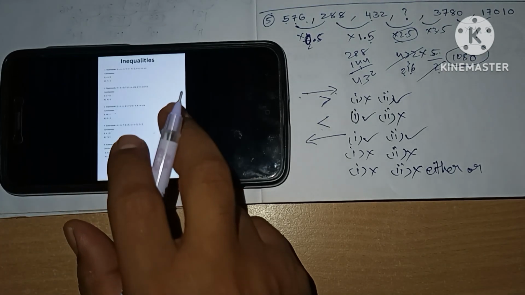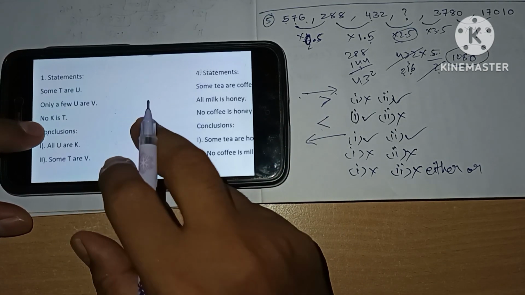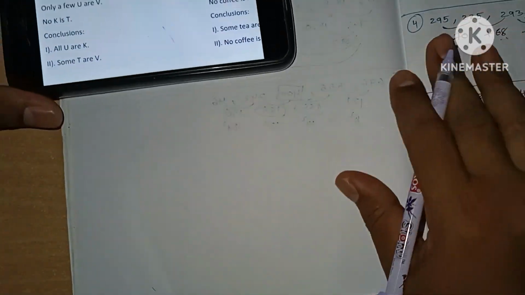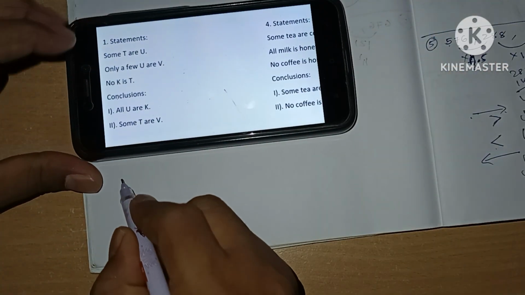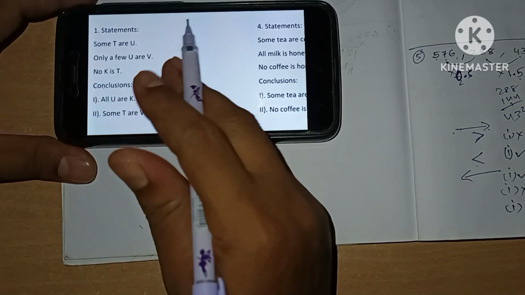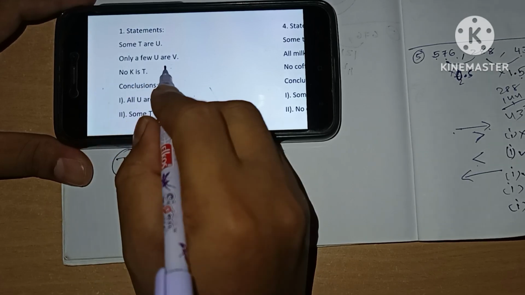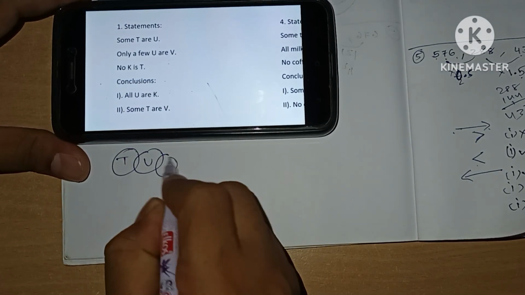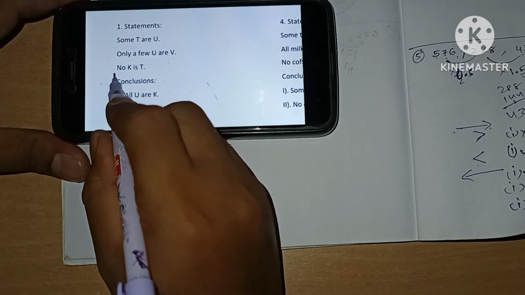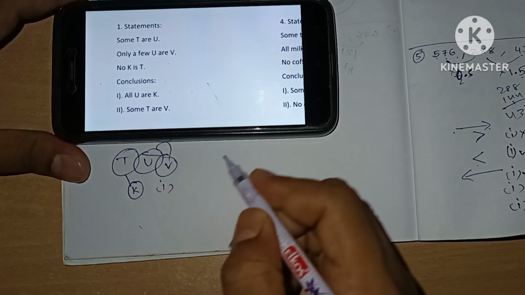Now we are going to see syllogisms. Syllogisms, first question. Some T are U. Only a few U are V. No K is T. Now we are going to see conclusions.